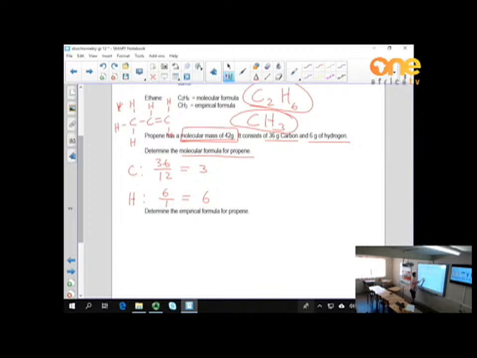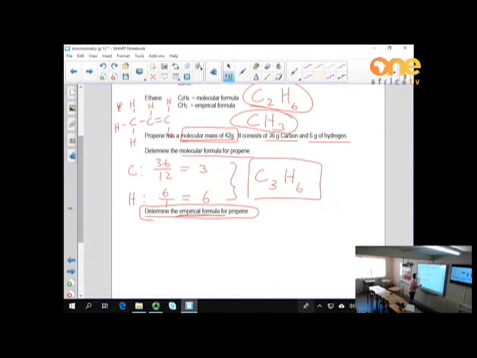So from what I've worked out over here, my molecular formula is going to be C3H6. And now in the next part, they say determine the empirical formula. What's the empirical formula? The simplest formula. So we have to simplify that.